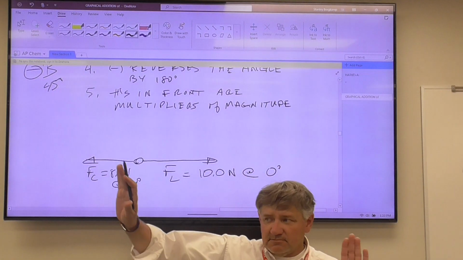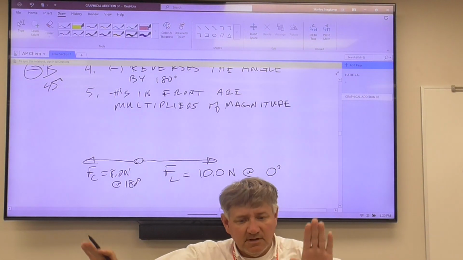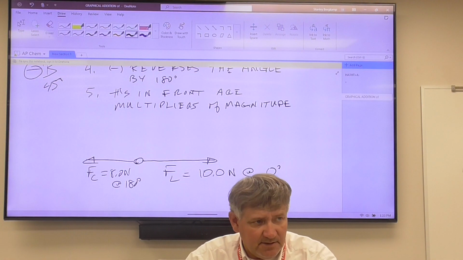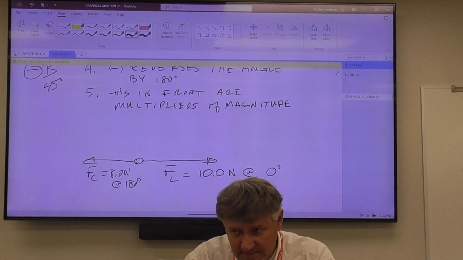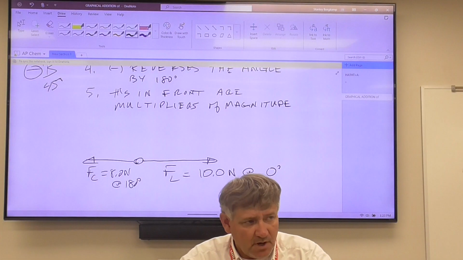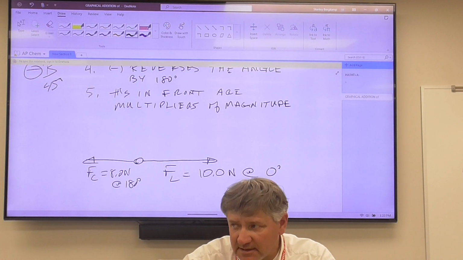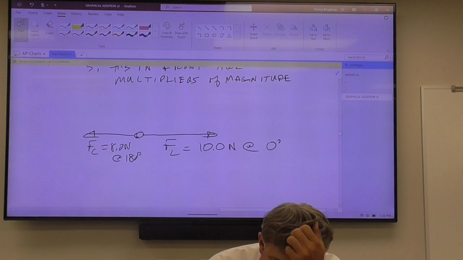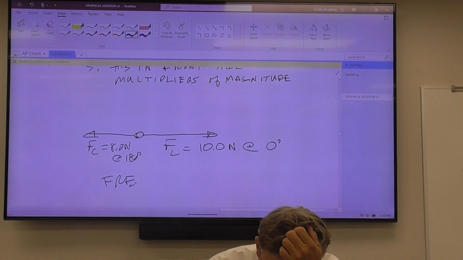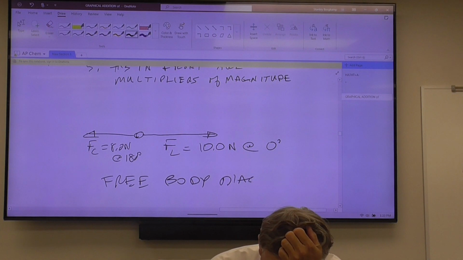So it's close. Luke is pulling at 10 newtons. Chloe is pulling at 8 newtons at 180 degrees. Now, drawn like this, and we're going to do diagrams like this a lot. This is what's known as a free body diagram.